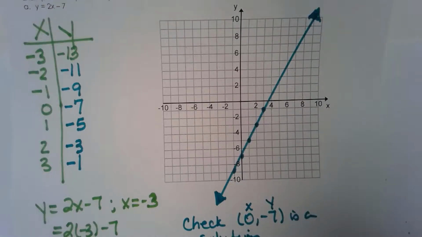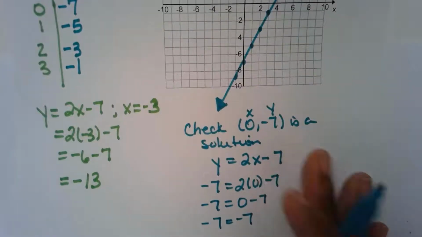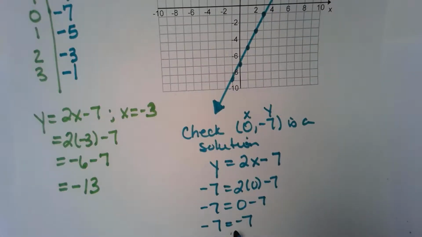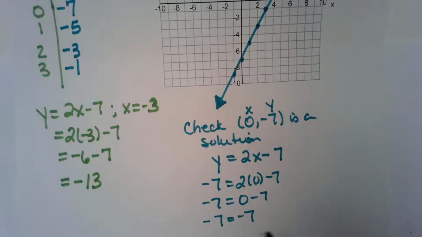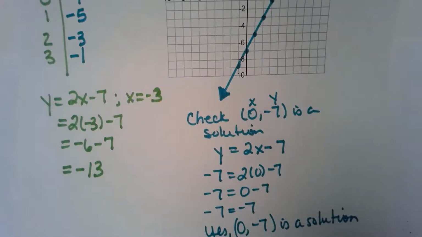We have -7 is equal to 0 minus 7, and 0 minus 7 gives us -7. Sorry about that. And because this statement is true, we would say yes, 0, -7 is a solution. There we go.